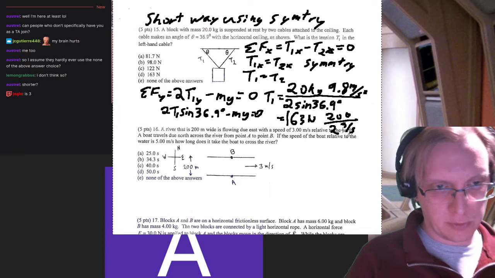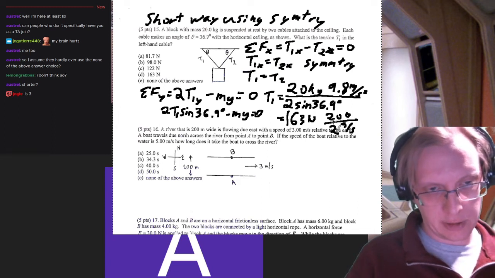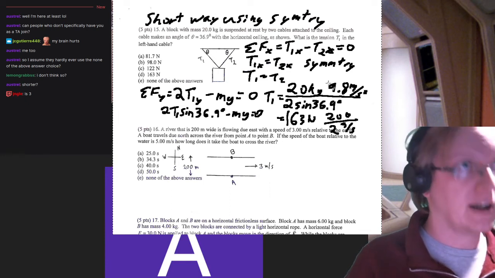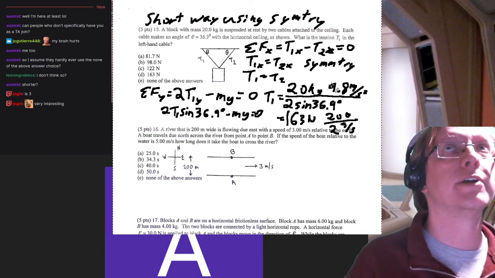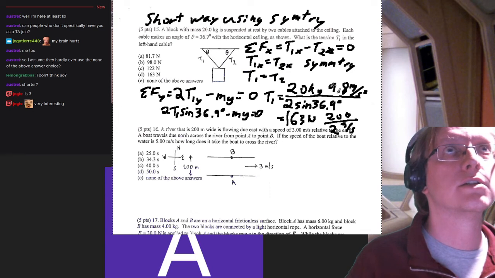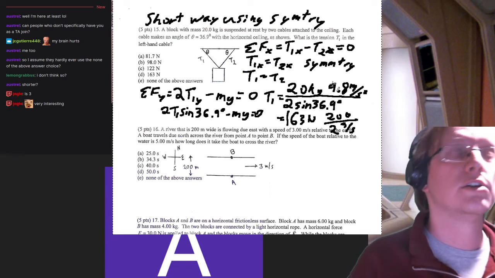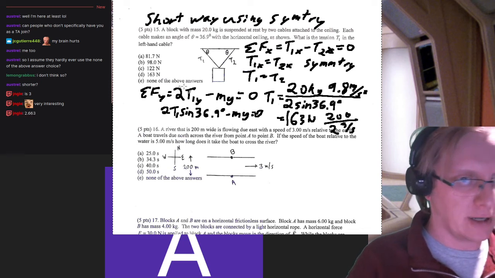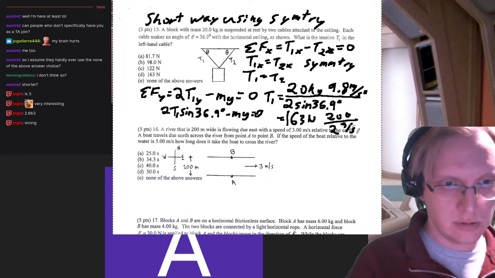So we end up with 100 times 5, which is 500, divided by 3. That's about 167 newtons.